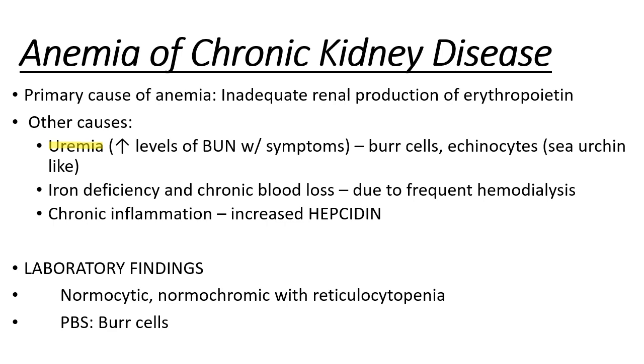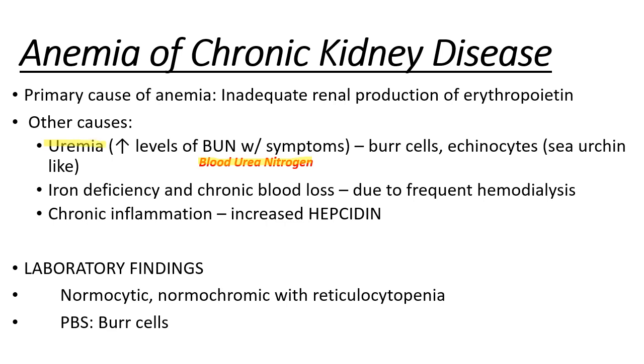Mataas ang levels mo ng BUN or blood urea nitrogen. This blood urea nitrogen is a byproduct of protein metabolism na madalas dapat na itatapon natin through urine pero dahil nga may CKD, naiipon yan sa loob ng katawan, causing uremia.